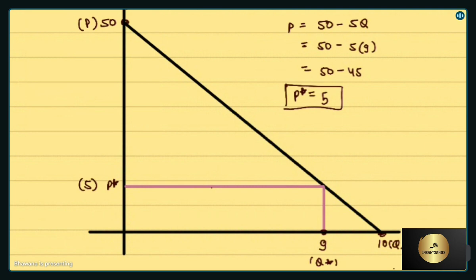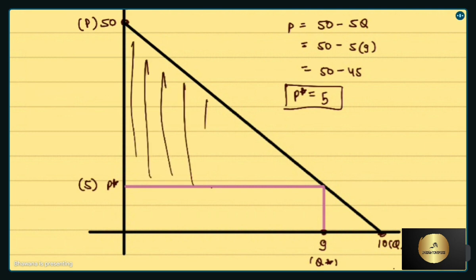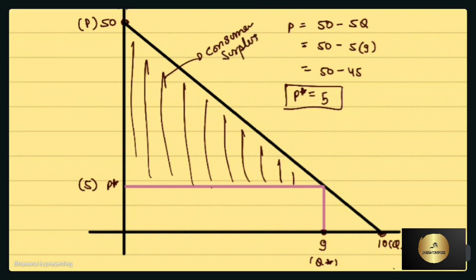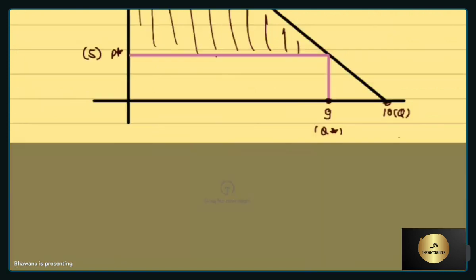So this particular triangle represents your consumer surplus. The difference between this P and P star represents your consumer surplus when you are consuming 1 unit of commodity, and in this case you want to consume 9 units of commodity. So when you multiply this difference with this 9, you will get your consumer surplus.